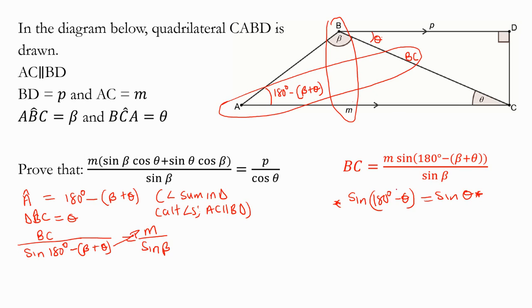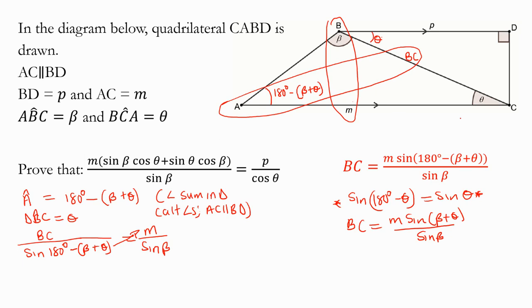So this means BC is equal to M sine (beta plus theta) over sine beta. So now we have BC using triangle ABC. Now we have to find BC using triangle BDC.